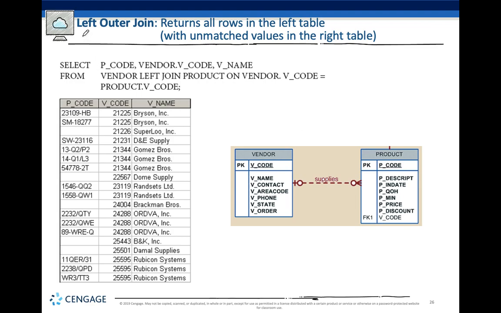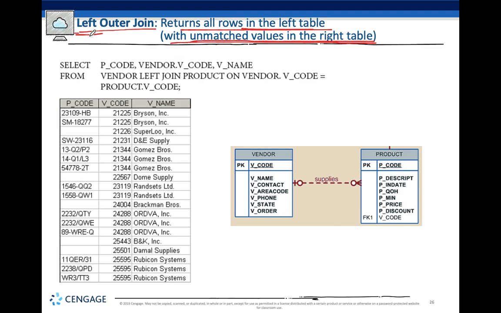So here we have a left outer join. Now in a left outer join, the left outer join returns all rows in the left table with unmatched values in the right table. Okay, so even if there are unmatched values in the right table, all those rows in the left table still get returned.